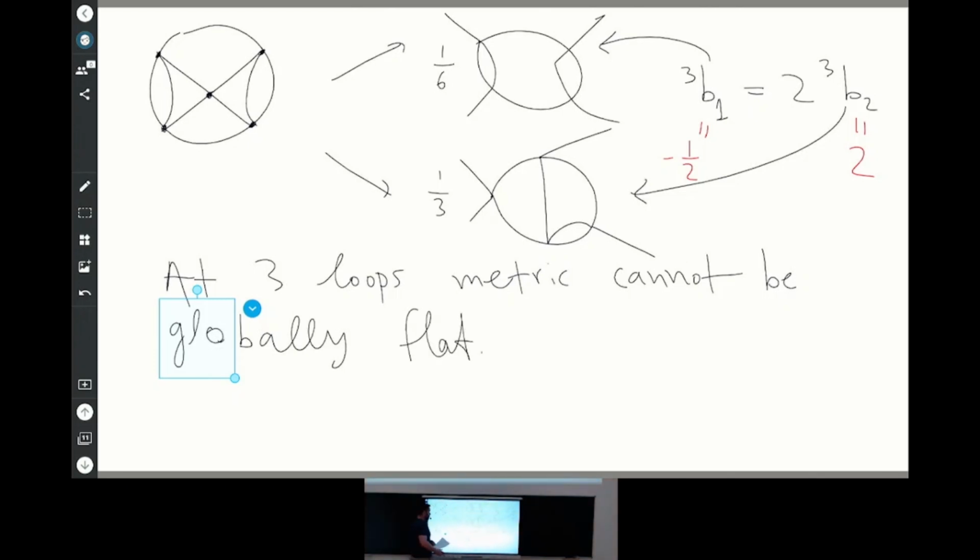And this was a result that is known since 1974 by Wallace and Zia. It was shown in one of their papers. Okay, so this is already what you see at 3 loops, and then you go to 4 loops and beyond.